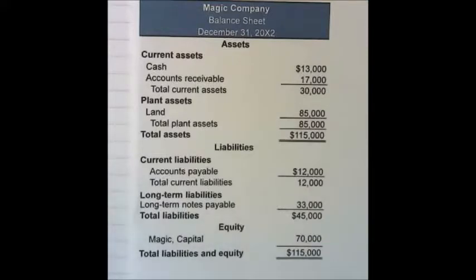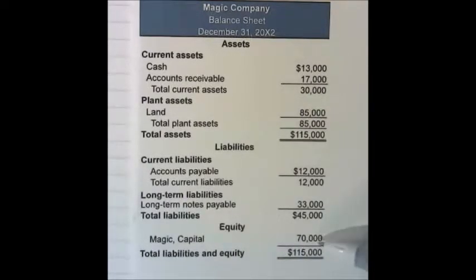In this example, they have $12,000 of liabilities to pay within the next year, and $33,000 of notes payable outside of 1 year, for total liabilities of $45,000. Then we just show equity as equity, and we know that capital plus total liabilities has to equal total assets. Total assets equals total liabilities plus owner's equity. So that is a really simple version of the classified balance sheet.